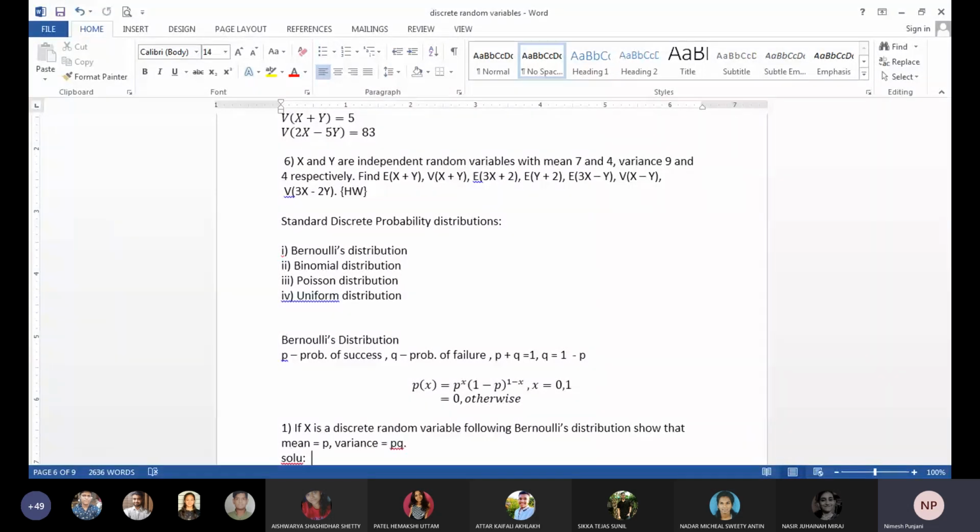Probability of success will be denoted by P, and probability of failure will be denoted by Q. And here x is 0 or 1.